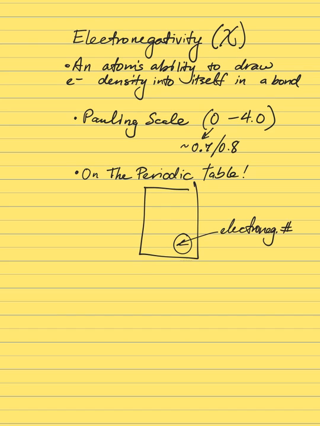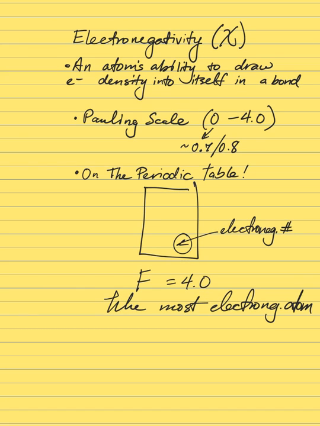So you may notice that fluorine has an electronegativity of 4.0. It is the most electronegative atom. So everything else has an electronegativity of less than 4.